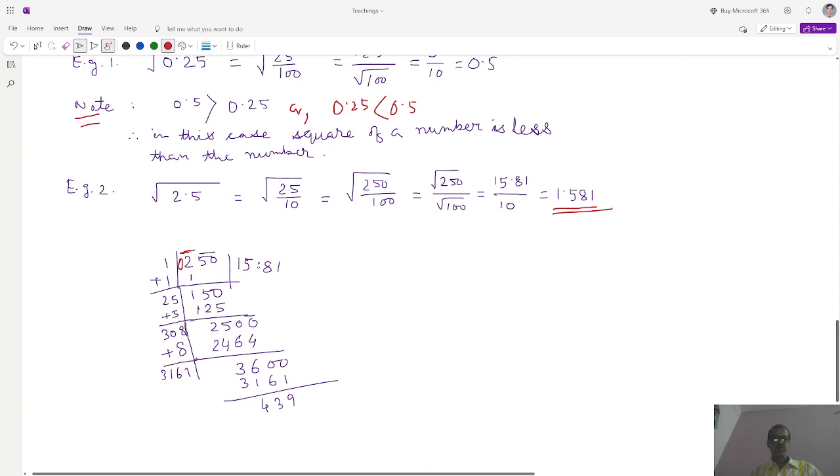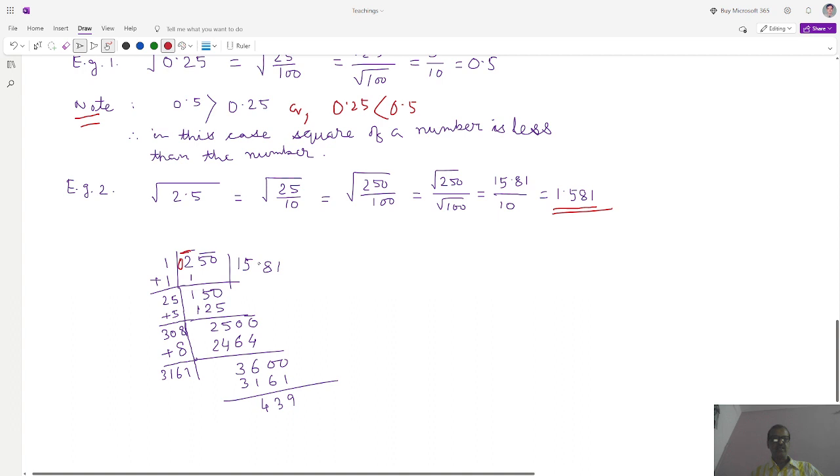So we have to put here a decimal point and take these 2 zeros, and then if we judge, we see that 8 is to be taken and multiplied with 308, and we get 2464 within 2500. Then the process is repeated, subtract and find 36.